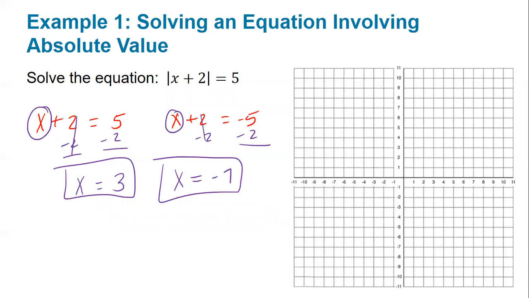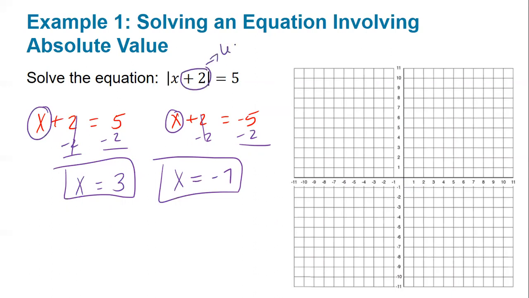Now we're going to talk about it graphically. How does it look on a graph and how do you solve it graphically? You think about your absolute value parent function, which starts at the origin, 0, 0, and has a slope of 1 on both sides. If it says plus 2, what happened to the parent function?